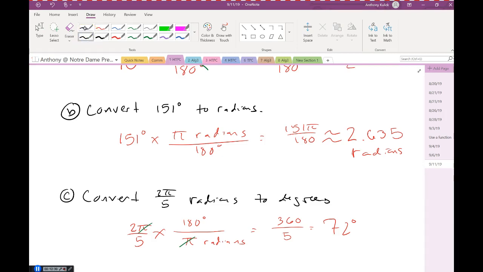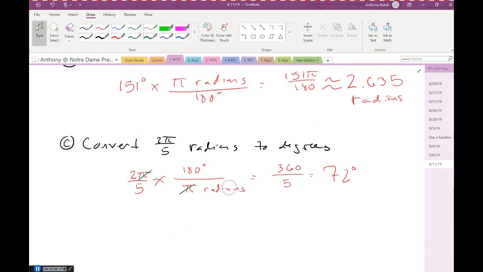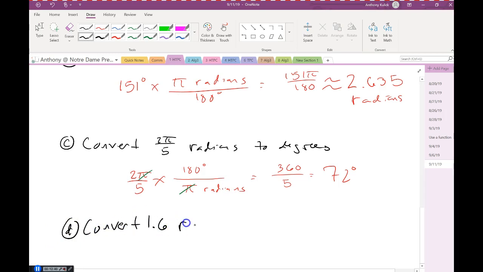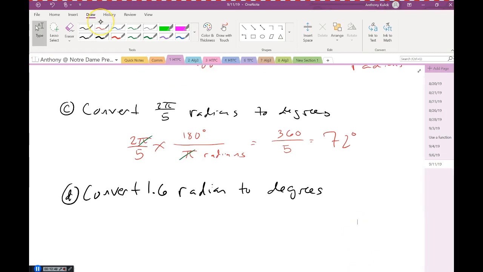which simplifies down to 72 degrees. Everybody feel so far so good? Let's do one more just to be careful about things. So let's say we have 1.6 radians, and we want to convert that to degrees. Does anything really change from my work above? Not really, right?